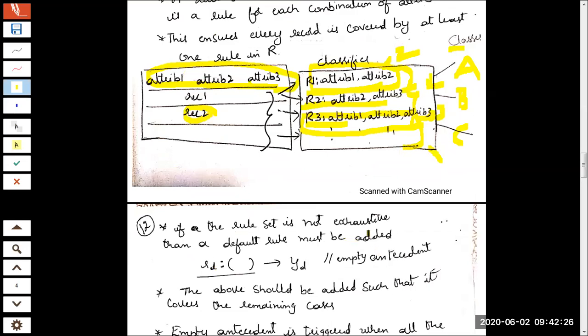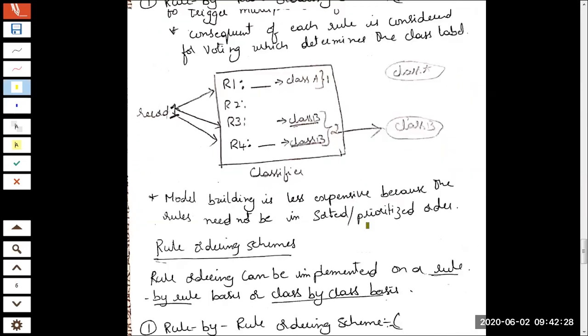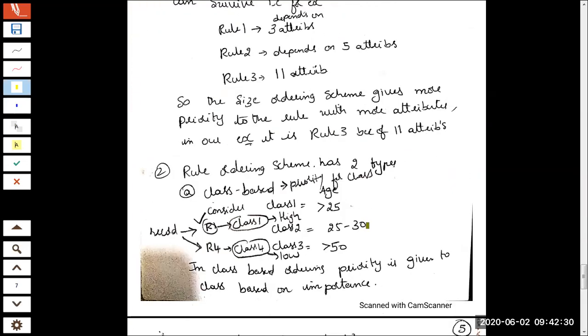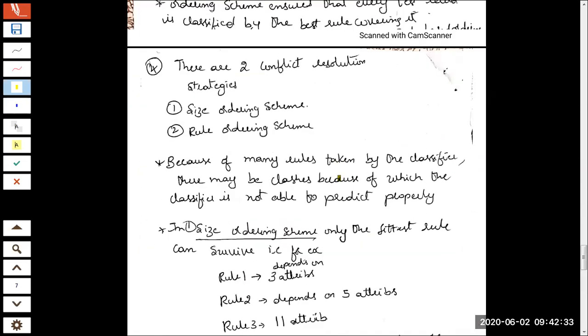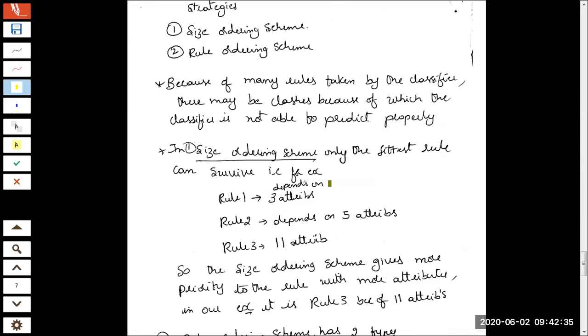I'll go back to the point where we were discussing. Now the situation is the same. Many rules are there. We should decide which has the highest rank and which has the lowest rank, so size will become a parameter here.